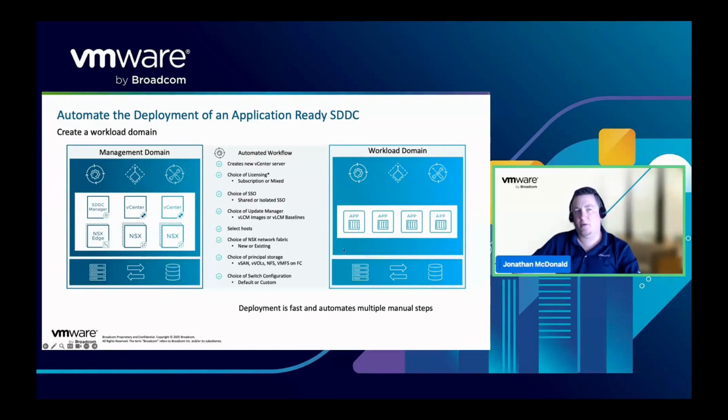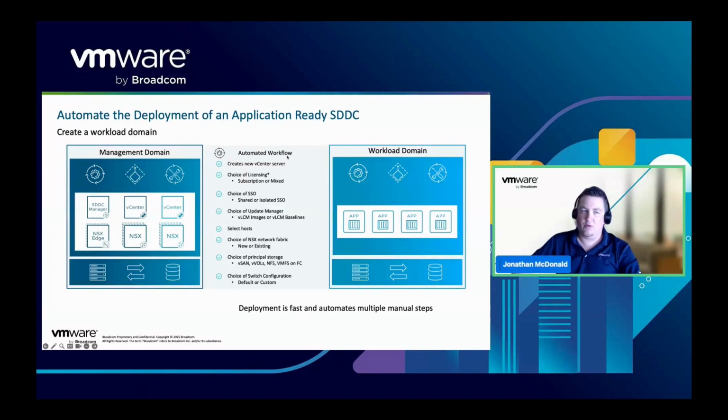The workload domain's purpose is to run the actual applications, right? We want to make sure the applications are segregated from the management, as a best practice design. You can see in the middle the automated workflow that we have.